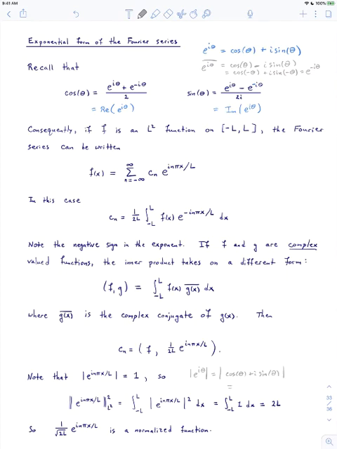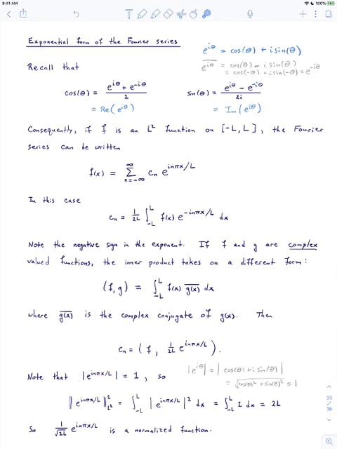That's the square root of cosine theta squared plus sine theta squared. But of course, by the Pythagorean theorem, that's the square root of 1, which is 1. So the modulus, or the size, or the magnitude, of e to the i theta, where theta is a real number, is 1. Now n pi x over L is a real number, so the size of this is equal to 1.